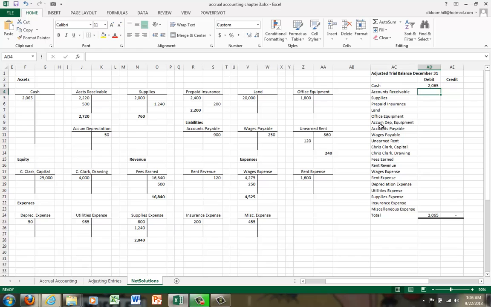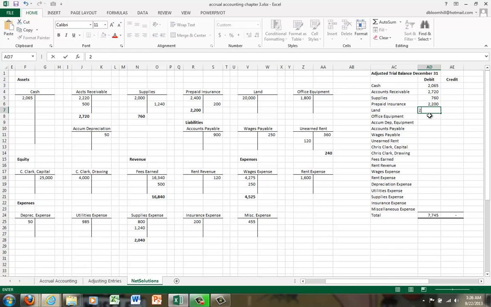Accounts receivable, final balance is $2,720 on the debit side. Supplies, the final balance is $760 on the debit side. Prepaid insurance, $2,200 on the debit side. Right there. Debit side in the T goes to the debit column on the adjusted trial balance.